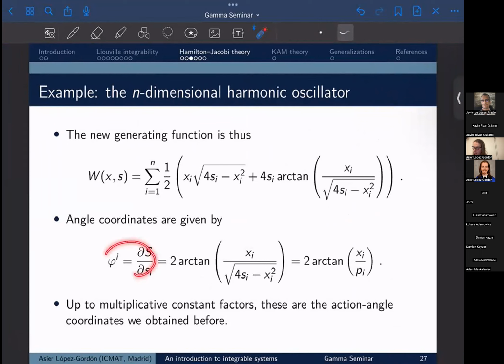Sorry, this should be W. Differentiating this new generating function with respect to the coordinates S_i, we obtain the angle coordinates, which, up to a multiplicative factor, are the ones that we obtained before.